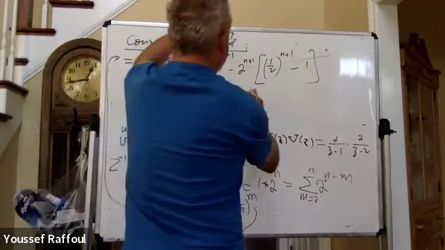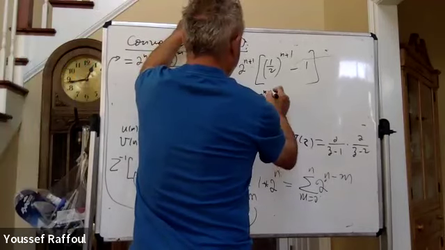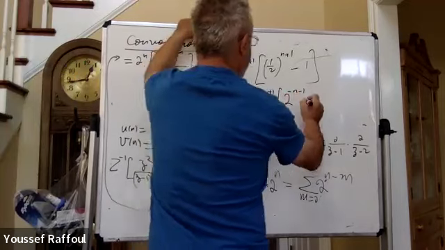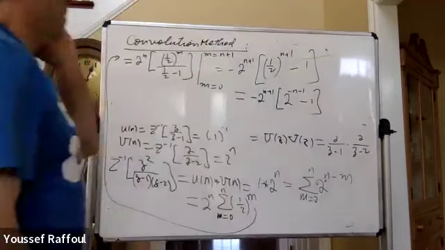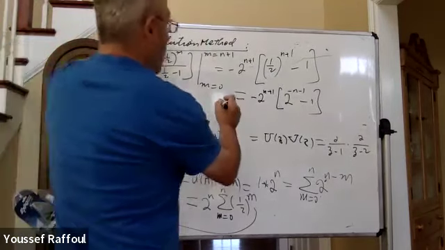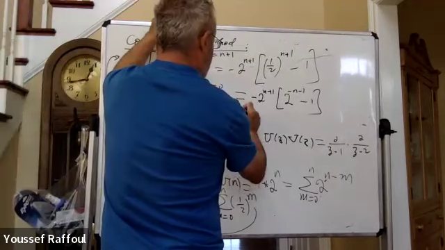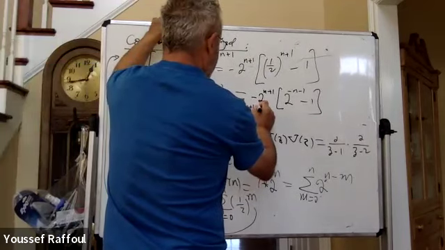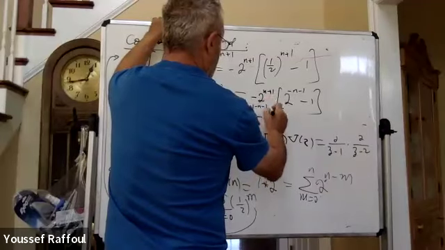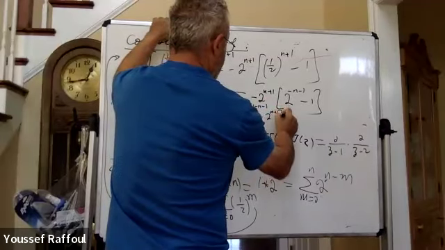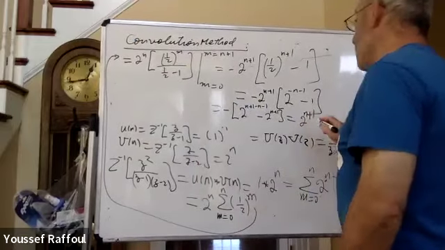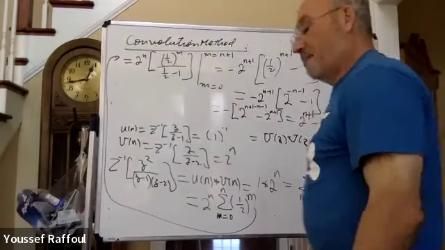And that is minus 2 to the n plus 1 times 2 to the minus n minus 1 minus 1. Multiply these together. This is minus 2 to the n plus 1 minus 1. There you go.